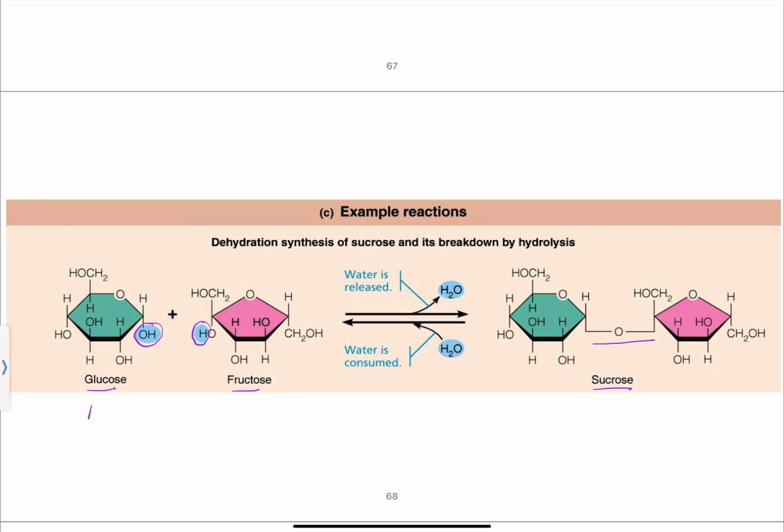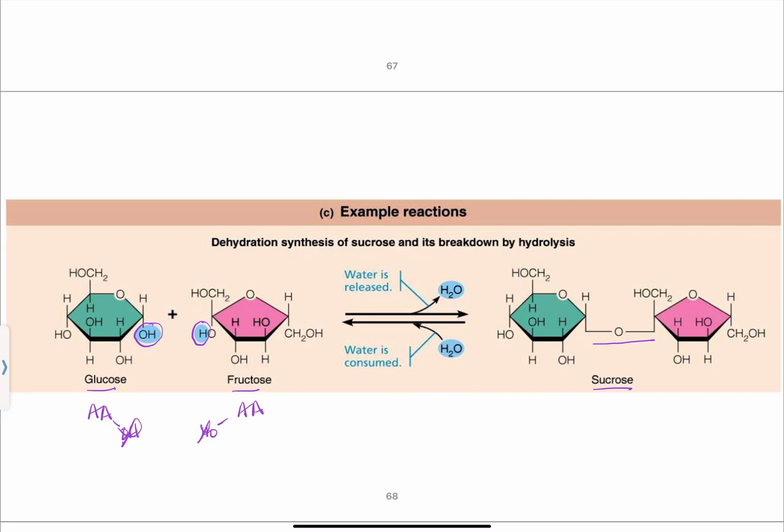We could have some sort of amino acid here and an amino acid here. They contain the same general groups on them, and if we were trying to link 2 amino acids together, we would remove a hydroxyl group from one and a hydrogen from the other in order to create the bond between the 2 monomers.